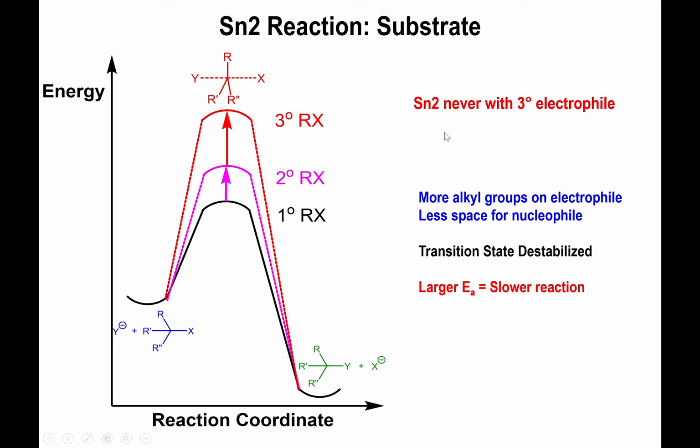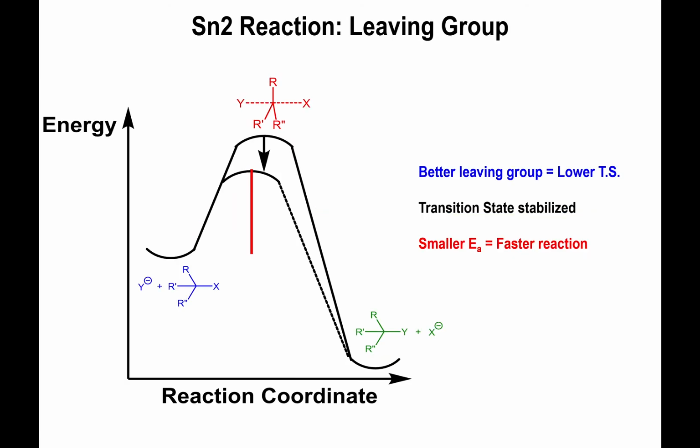And even in cases where people try to make it happen, other reactions take place instead of the Sn2 reaction. So keep that in mind. Secondaries, we can make it happen. We're going to talk about the conditions in a little bit, which favor Sn2 reactions for secondary alkyl halides. Primaries are definitely good for Sn2 reactions, as well as methyl halides.